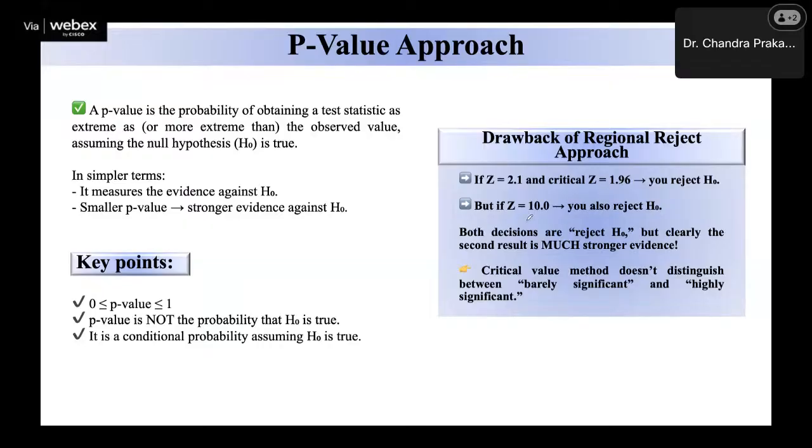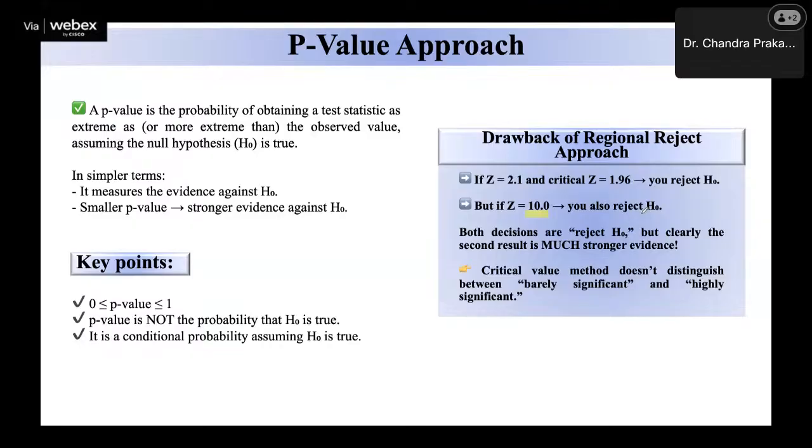If even this Z reaches 10, we also reject H0. Both decisions are to reject H0, but clearly the second result is much stronger evidence. So this critical value method does not distinguish between barely significant and highly significant. So we need to see what the confidence in our overall decision is.